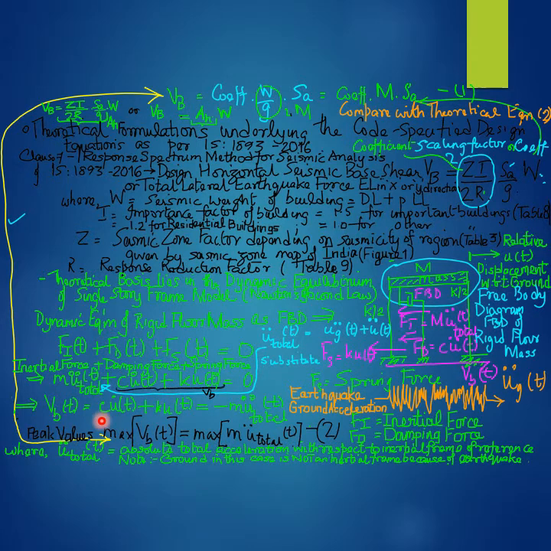Rearranging the terms in the dynamic equilibrium equation shown here, the sum of these two terms corresponding to the dynamic damping force and the dynamic spring force together equal the theoretical dynamic base shear V subscript small b, a time variant function.